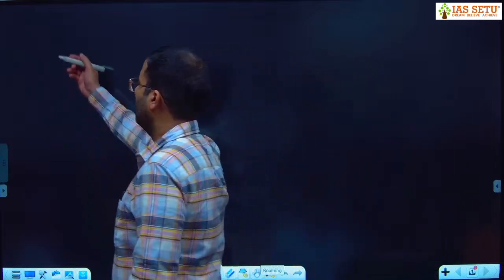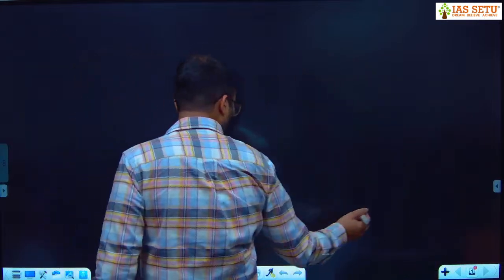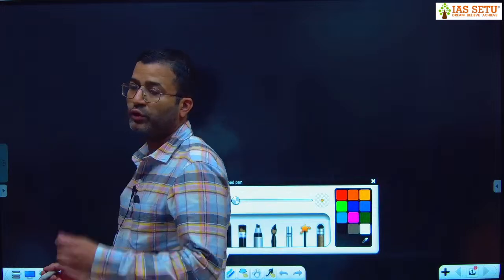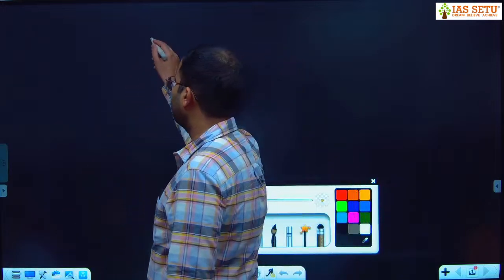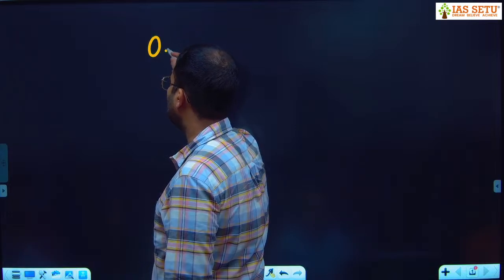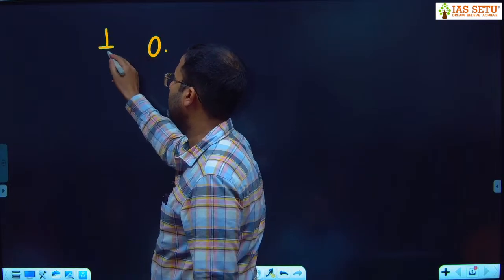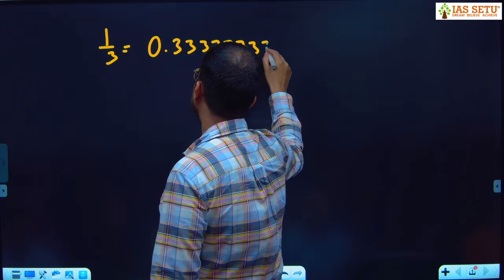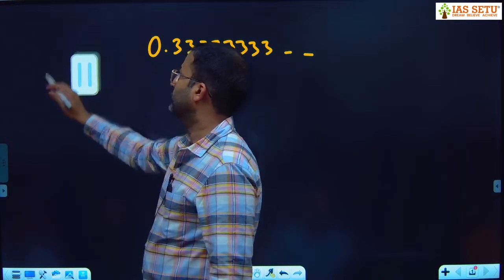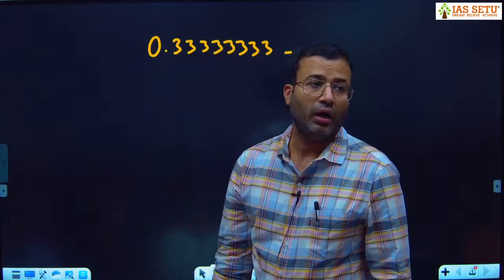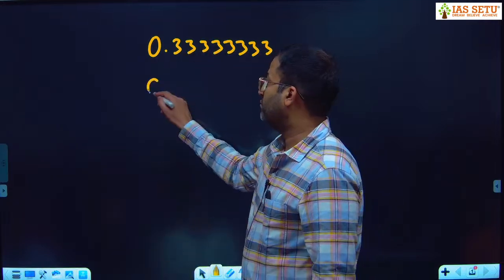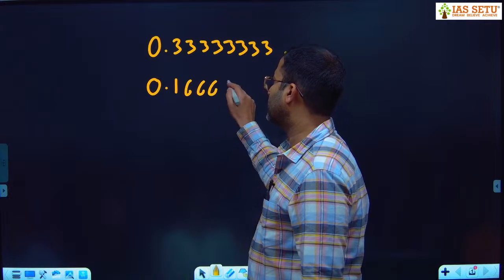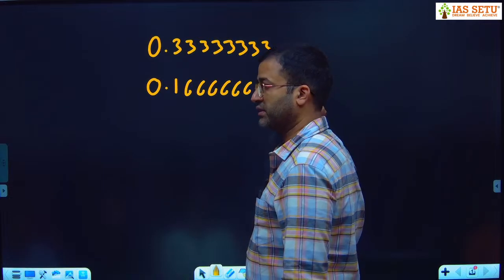Okay. See here. Last class I told you about rational numbers and irrational numbers. In rational numbers we found there are some fractions like 1 by 3. It is 0.333333333. Or like we have 0.16666666666.